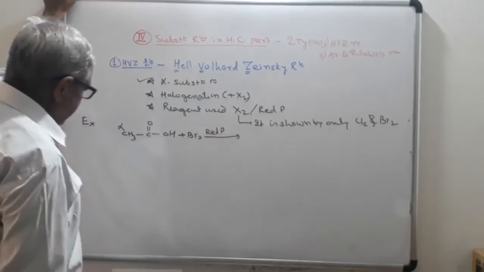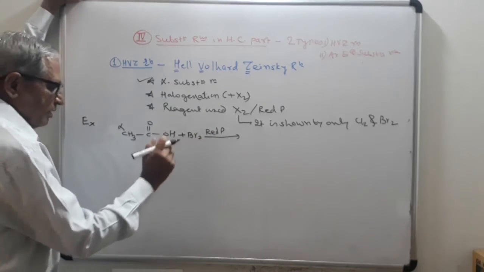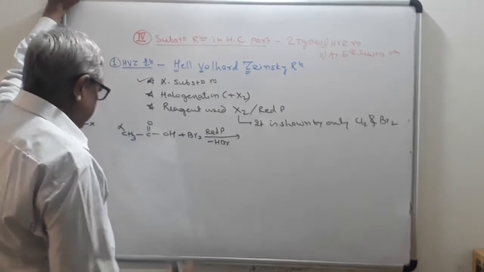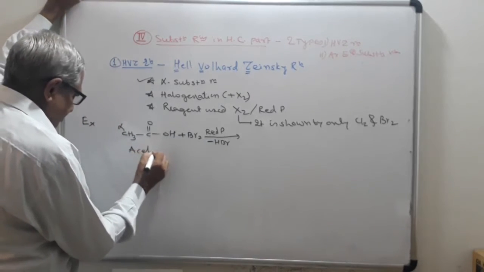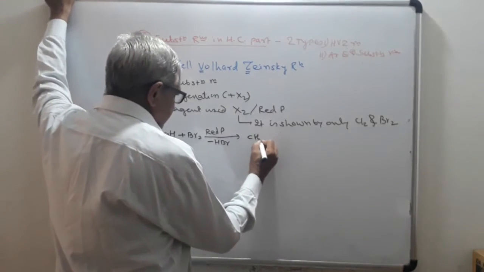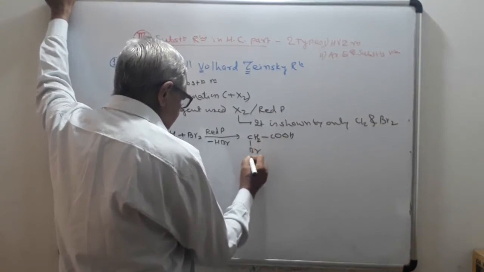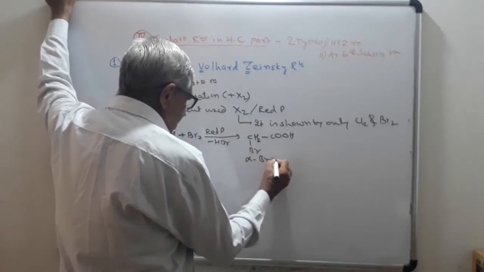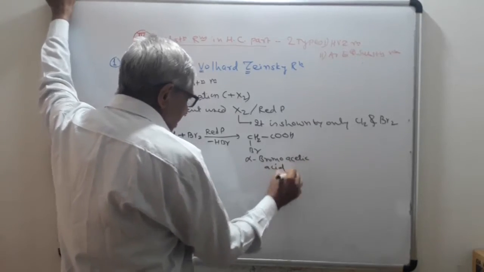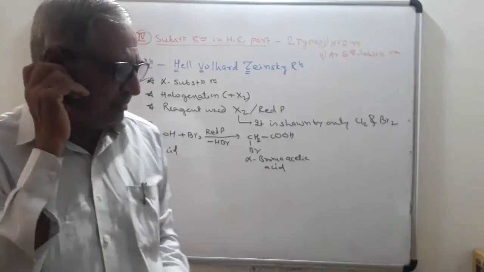One of the hydrogens reacts with the bromine, HBr is removed, and you get monobromoacetic acid, CH2BrCOOH, alpha bromoacetic acid. This is the common name. IUPAC name is 2-bromoethanoic acid.